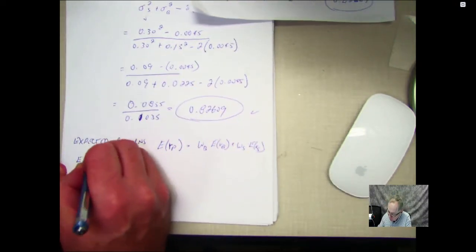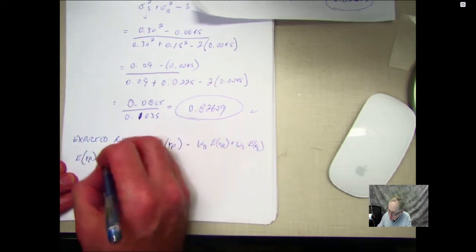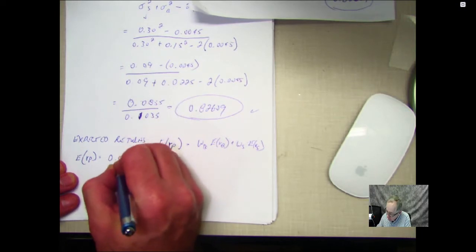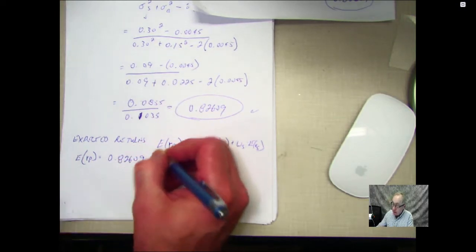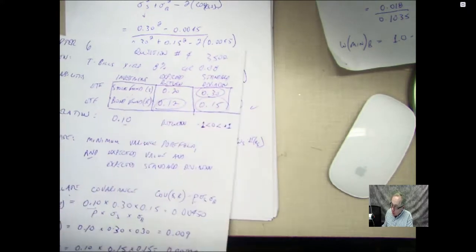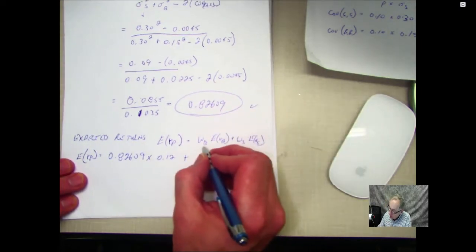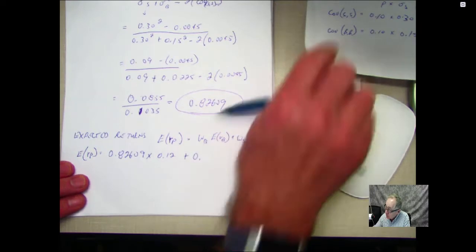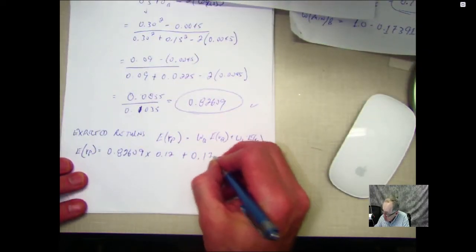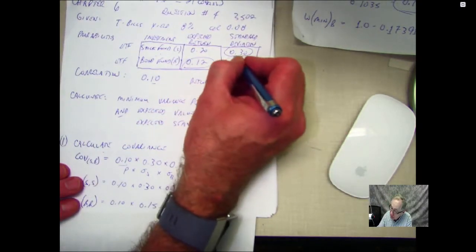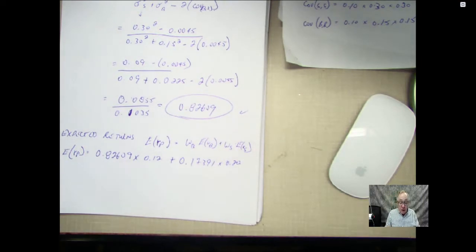Expected return for the portfolio is weight of bonds, 0.82609 times, back to our information given, expected return on bonds is 0.12 plus weight on the stock fund, 0.17391 times expected return on stocks, and expected return on stocks is 0.20.